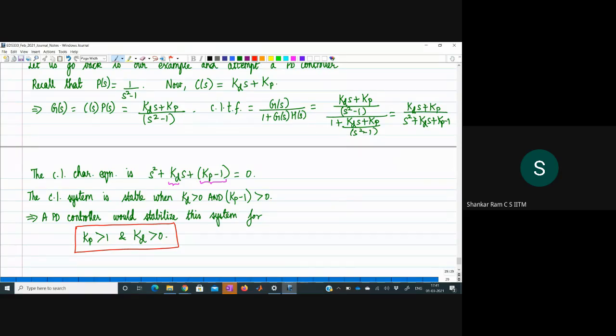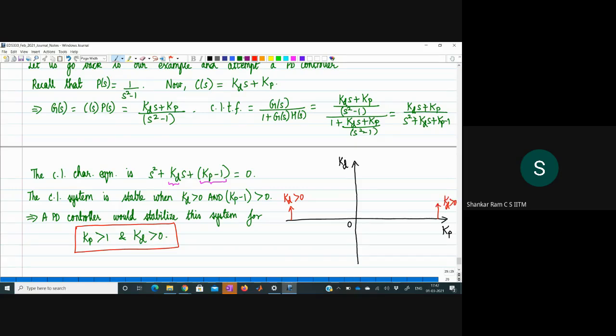So if we draw the controller parameter space, please recall what is the controller parameter space. Controller parameter space means we draw the range of controller parameters given by this constraint. So if we plot this, KD greater than 0 will be this half plane, the one above this axis.